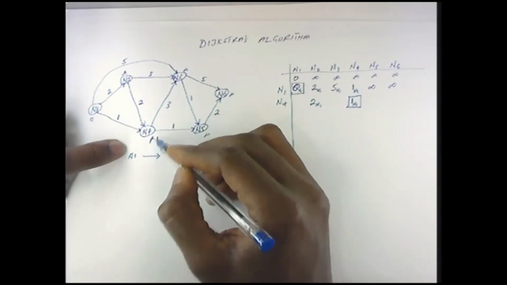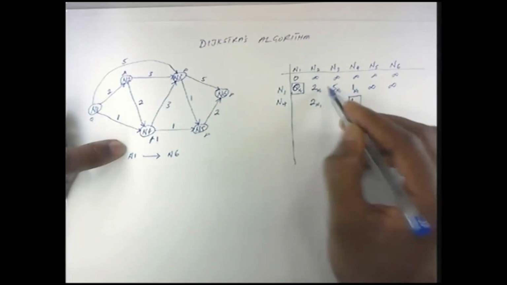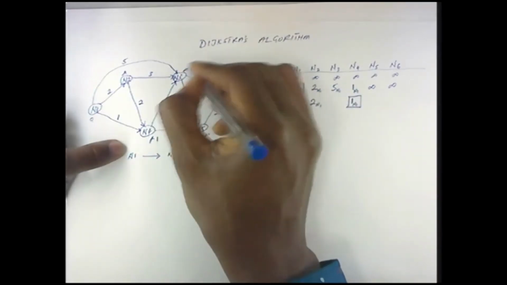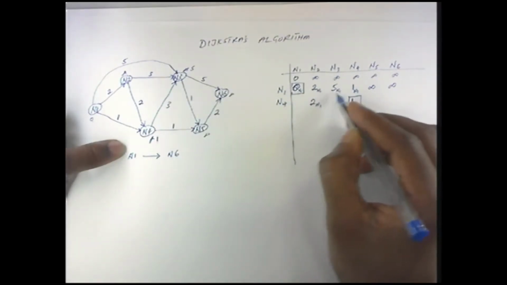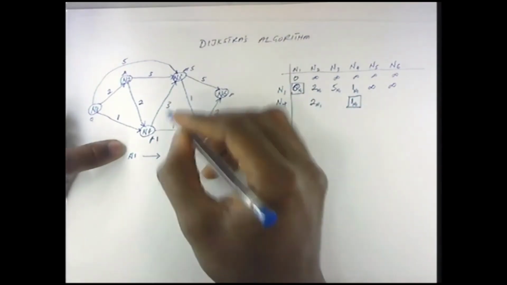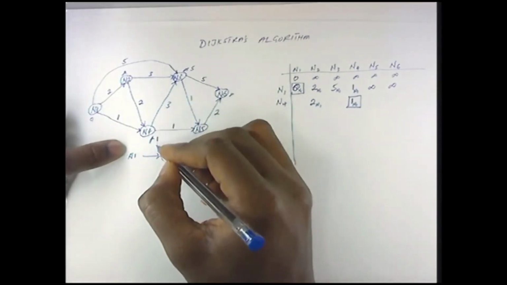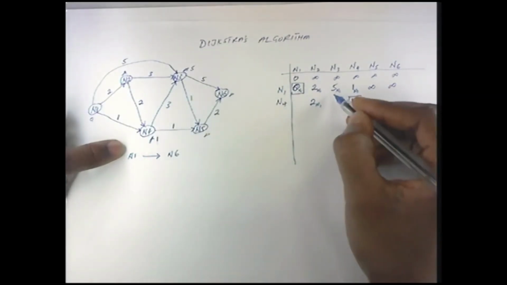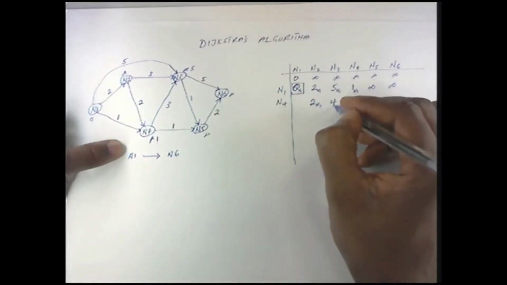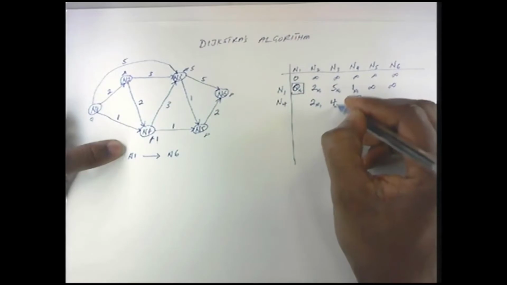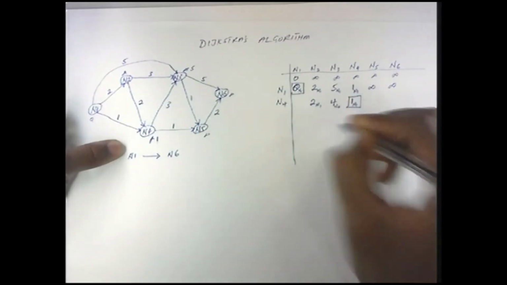Then we'll compare that value to the current value at 3. So the current value at 3 was 5. And this is what is showing. So 3 plus 1 is 4. And 4 compared to 5, of course, 4 is lesser. So I put 4 here. And this is coming from N4. It means that's the predecessor.